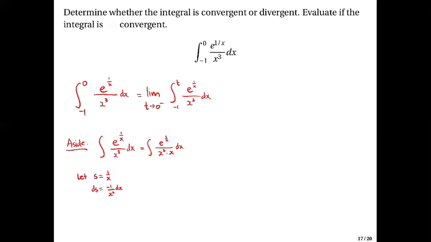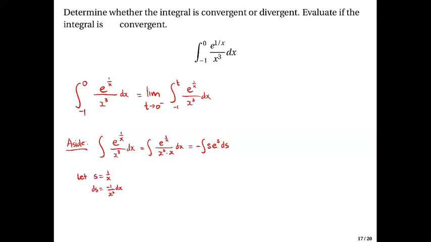If you do the substitution, you will have negative integral of s e to the s ds. The negative is because of this guy here. 1 over x is s, that's why you have e to the s in here.